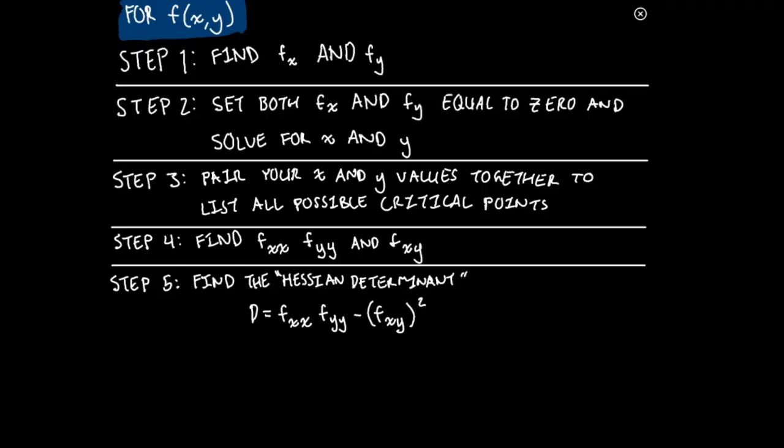So D is equal to f_xx times f_yy minus f_xy squared, and this is what you need to remember.